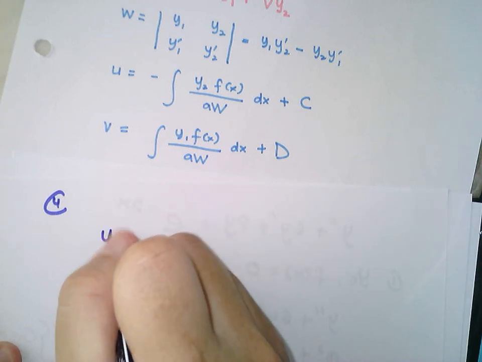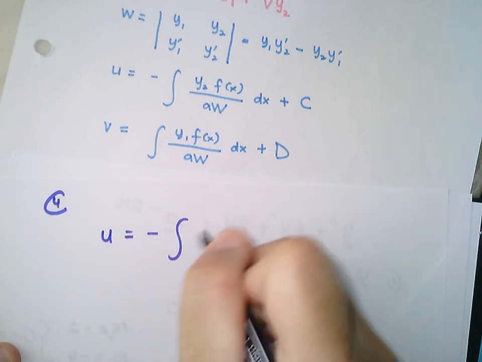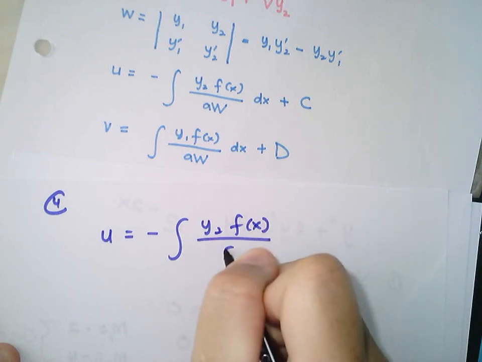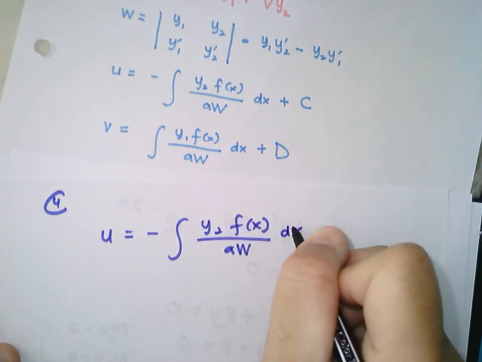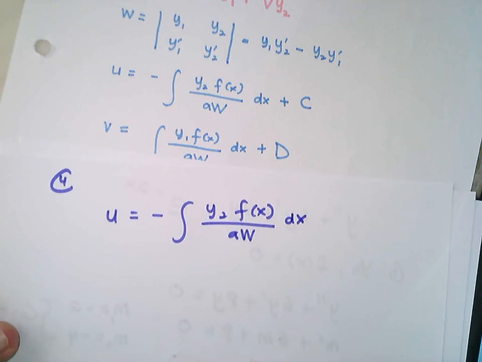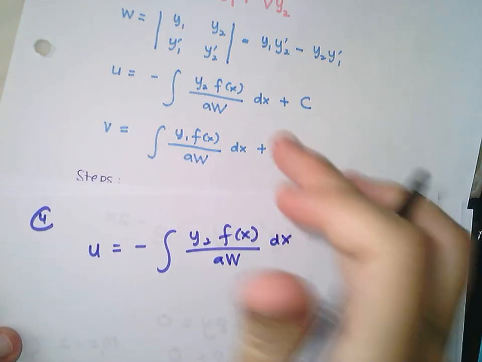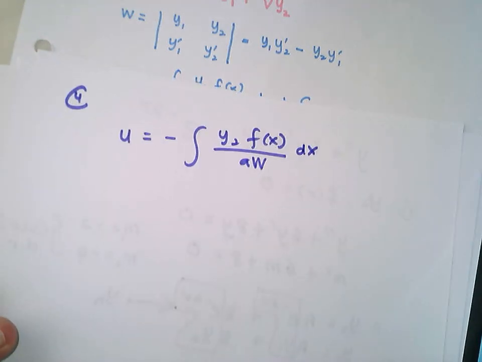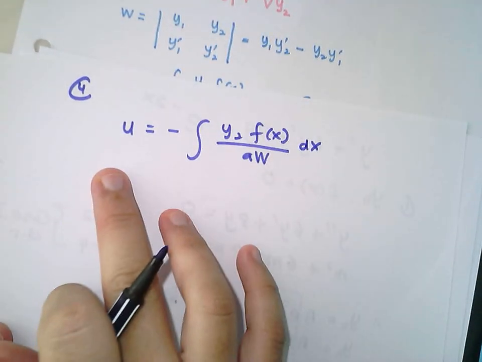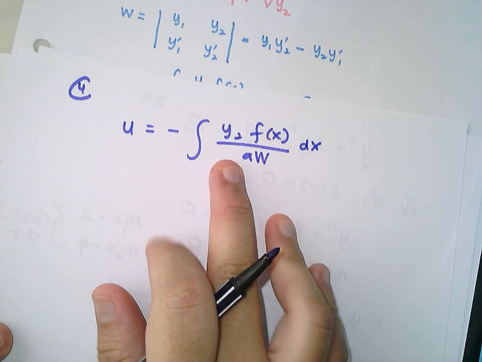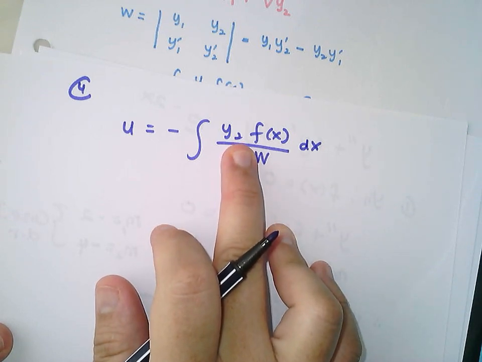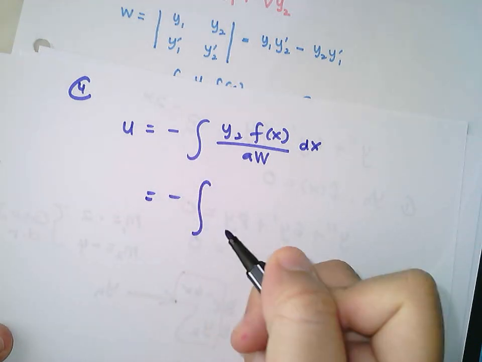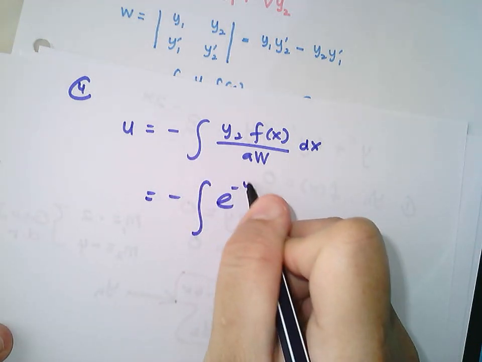your u is equal to the integral of negative y2 f(x) over aW dx. Okay, so just ignore the plus C and plus D first. I will explain to you later. So this is your u. So what is your y2? Your y2 is equal to exponent negative 4x.